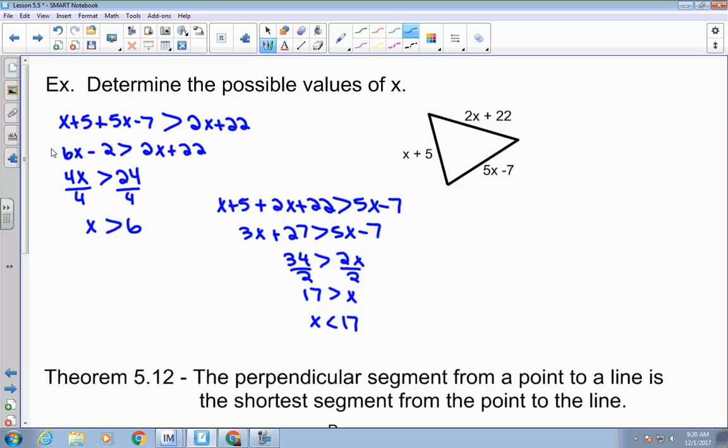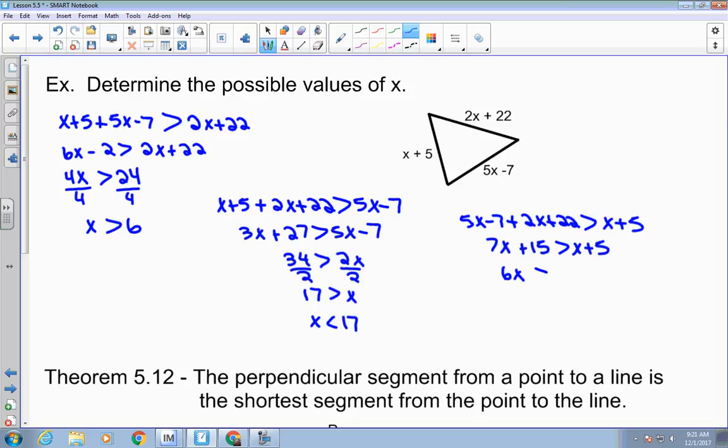Now I need to add these last 2 sides together. 5x minus 7 plus 2x plus 22, and it has to be greater than x plus 5. And so then you get 7x plus 15 is greater than x plus 5. Subtract x from both sides.